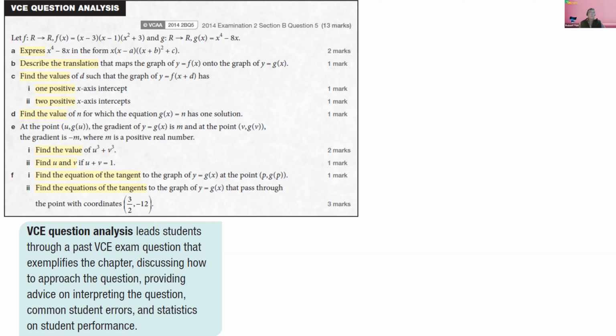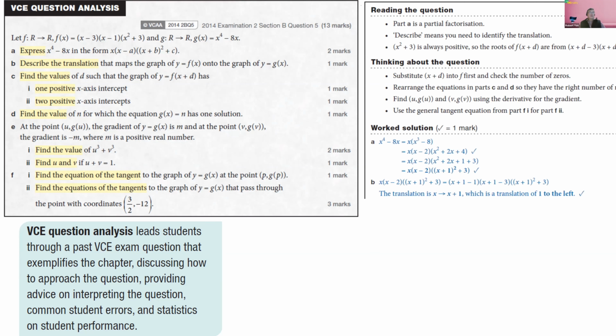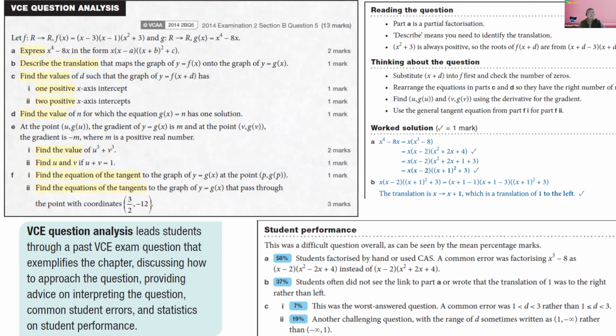Then there are some tips on thinking about the question, and then the worked solution shown fully, with a tick shown for where you earn each mark. Finally, the last part is the student performance, which is feedback from the exam report on how students went on each question, and some of the comments from the assessors.